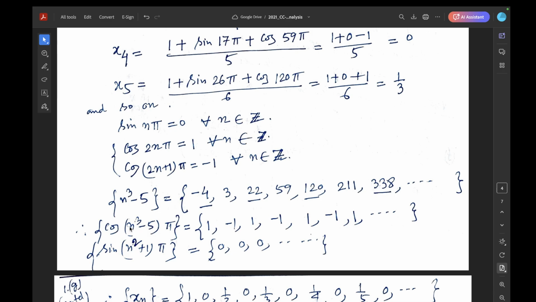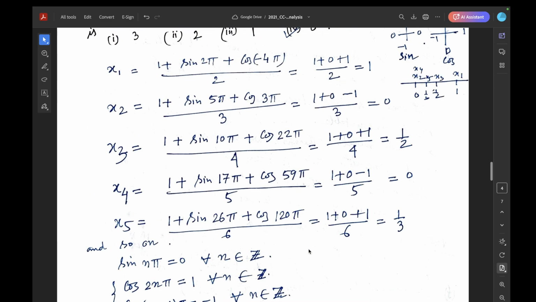So for cos((n^3-5)π), when it is an even integer, like -4, the value is 1. For an odd integer, like 3 when n equals 2, cos 3π is -1. Even integer gives 1, 59 gives -1, and so on. And sin((n^2+1)π) is all a sequence of 0.